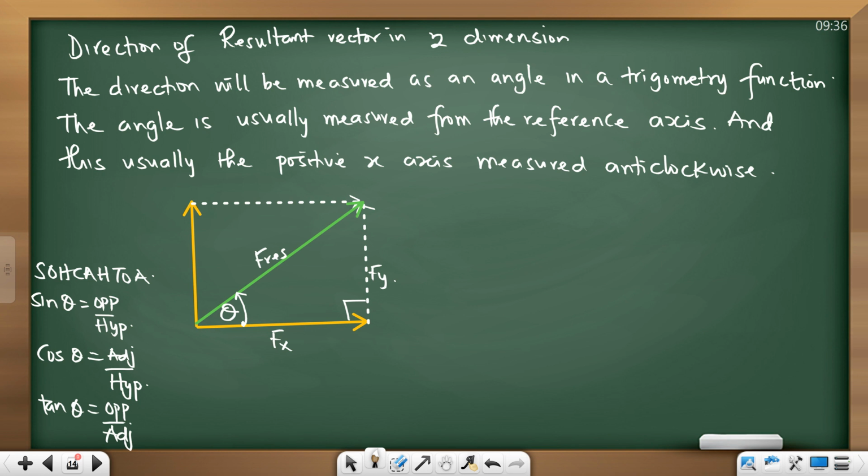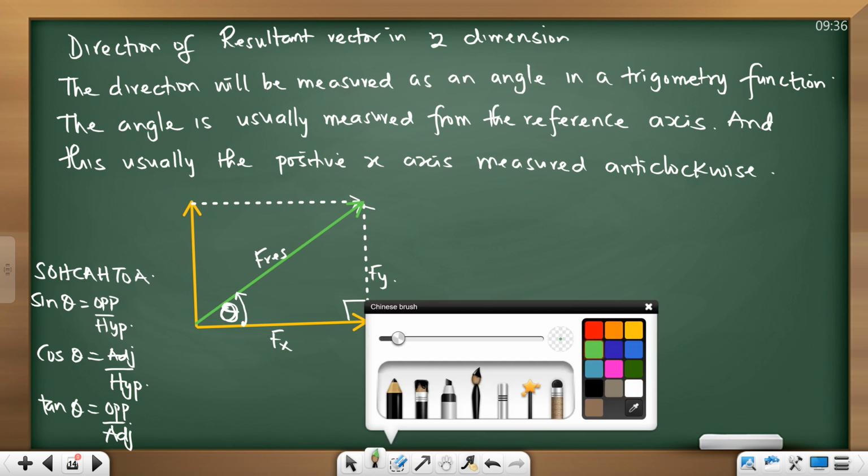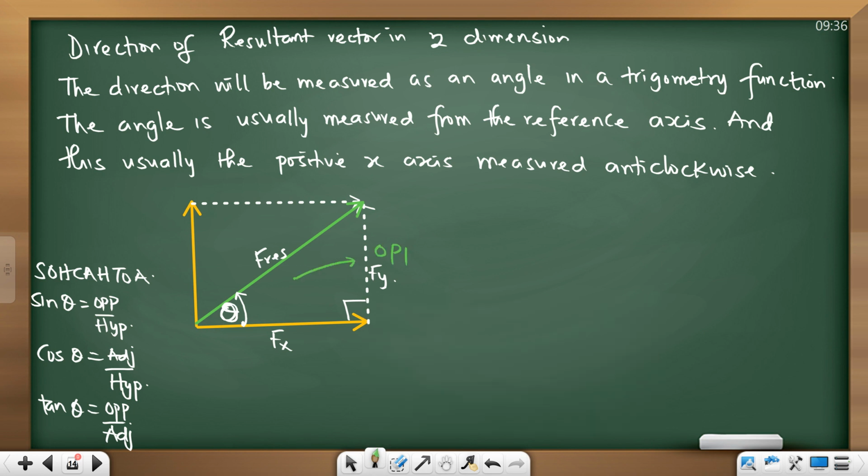If this is my angle theta, it means that this side becomes opposite. Right? And this side becomes adjacent. It's just strict now, guys. You can use any, but we normally just use this one. Let's stick to this one so that we don't confuse ourselves. I have opposite and I have adjacent. Which trig ratio do you think would work for me?